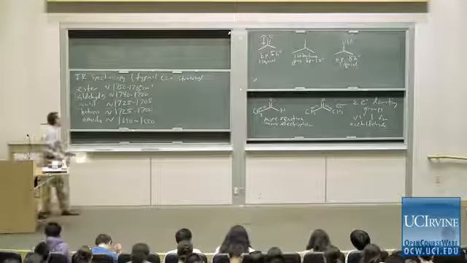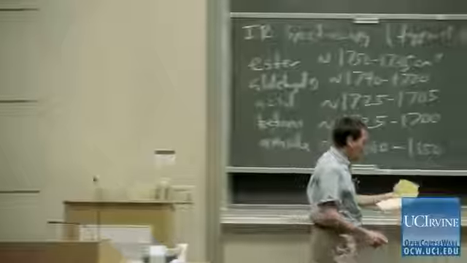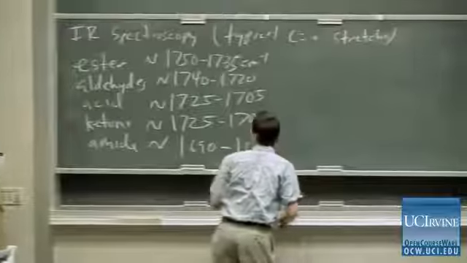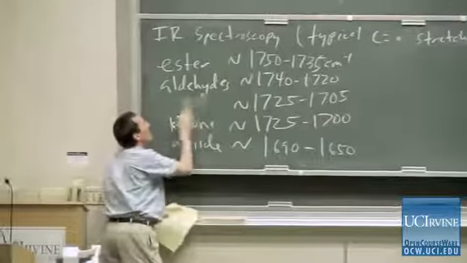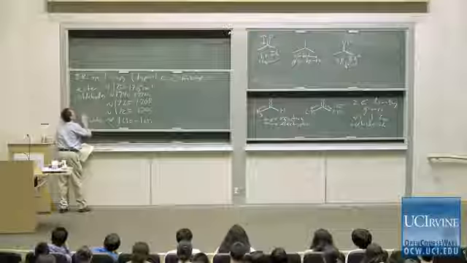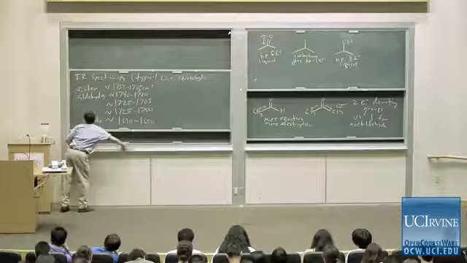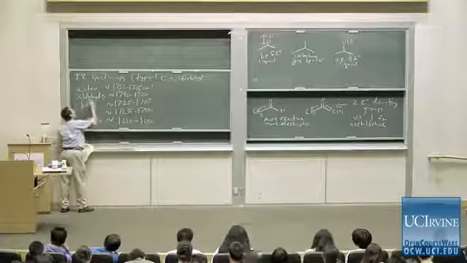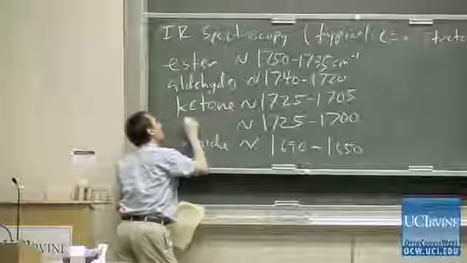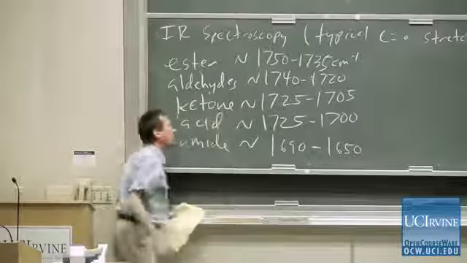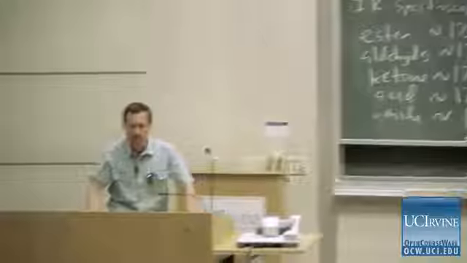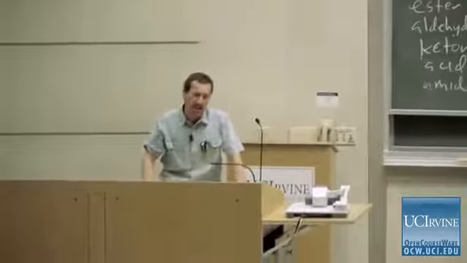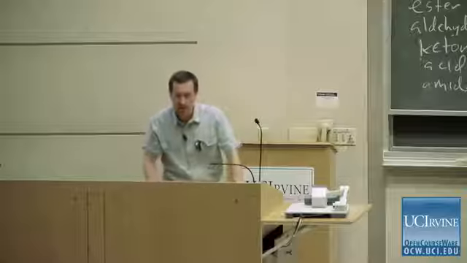And we said it's pretty hard to miss a carboxylic acid. I have managed to swap the order; it should be ester, aldehyde, ketone, pardon me, acid, amide. So if we look at, say, a ketone versus an acid, there's not a heck of a lot of difference. They fall essentially in the same range.